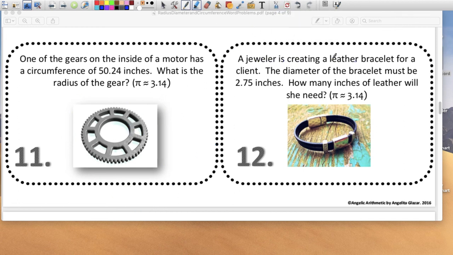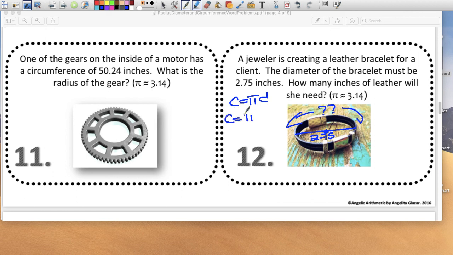A jeweler is creating a leather bracelet for a client. The diameter of the bracelet must be 2.7 inches. How many inches of leather will she need? So assuming the diameter here is 2.75, how much would be the circumference? C again equals pi d.